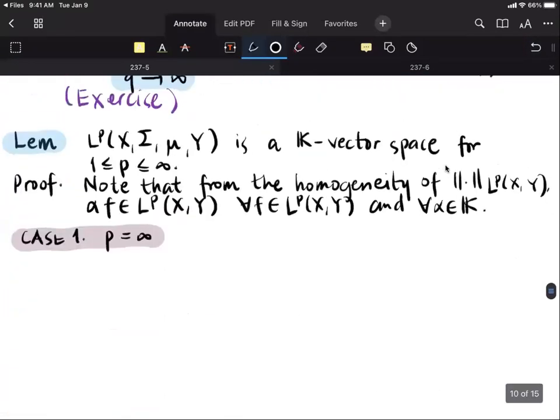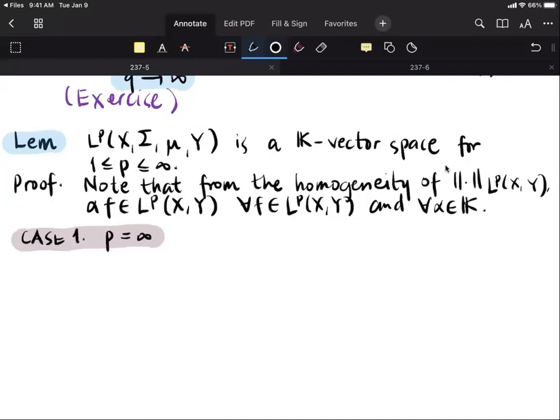So that is one case in showing that this is a vector space. Here we only need to show that LP is closed under scalar multiplication, and it is closed under addition.